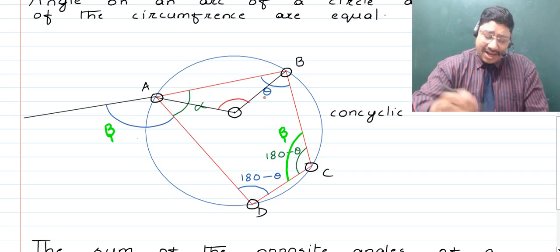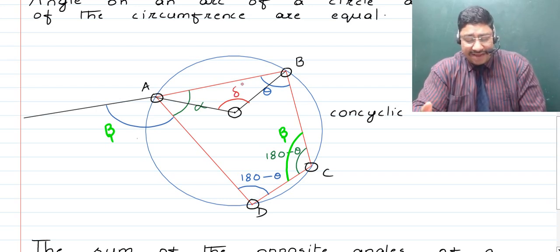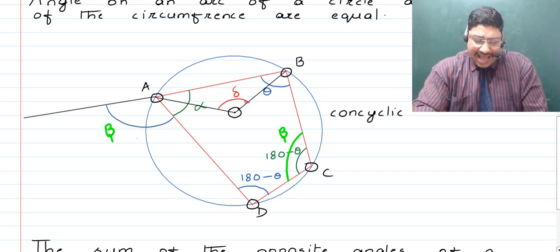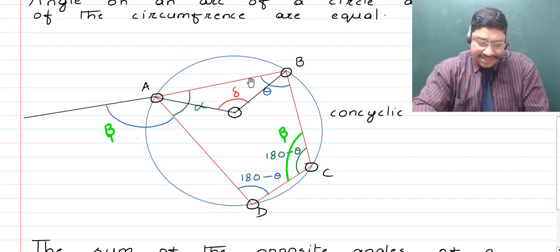Now children, if we talk about this angle, let us consider that this angle is another new angle, delta. Okay, all of these alpha, beta, gamma, delta are Greek alphabets. So if this angle is delta, you get to see that it is getting formed on the AB segment of the circle, right?